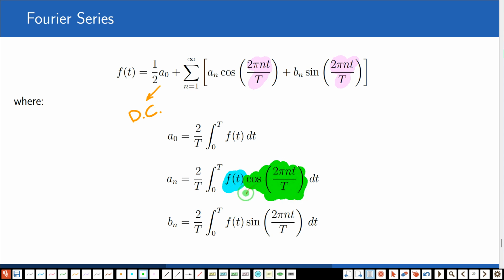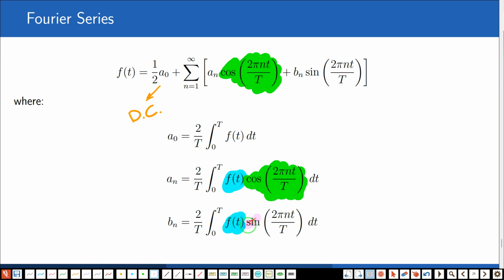If we want to find the value of an, we calculate the similarity between f of t and cosine of 2 pi n t divided by T, where the capital T is the period of this periodic function. And it is the same for this one as well.